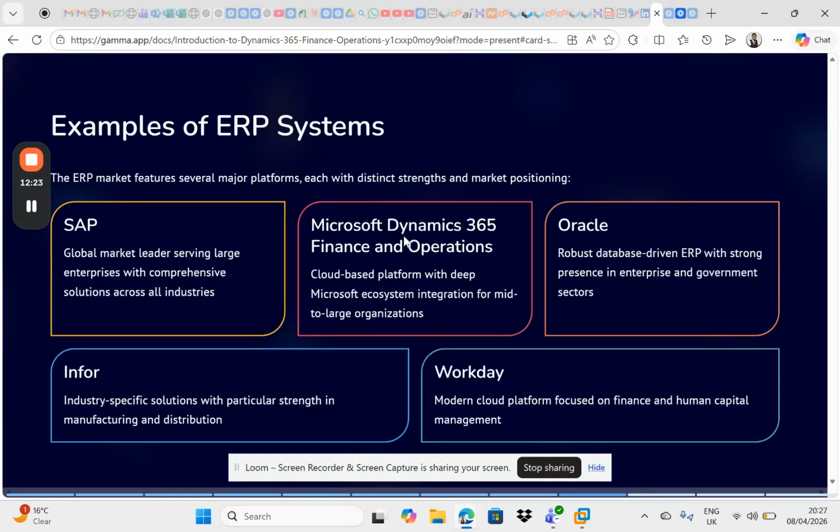We are going to look at that as we move forward. We also have Oracle, an ERP system with strong presence and governance in several sectors. It is mostly used in very complex organizations with complex processes. I don't have examples of organizations that use Oracle, but it's highly used by manufacturing companies.